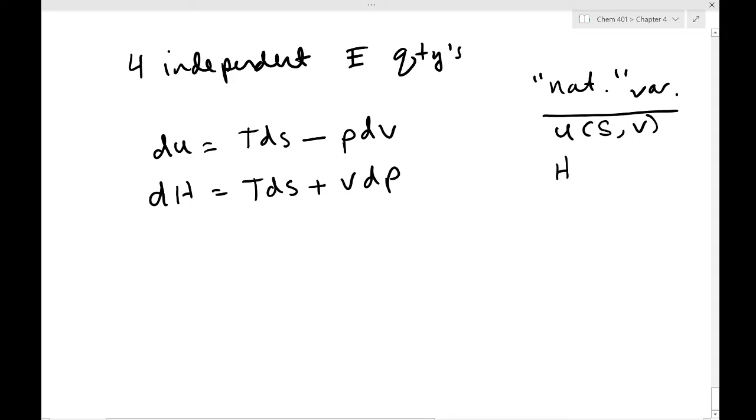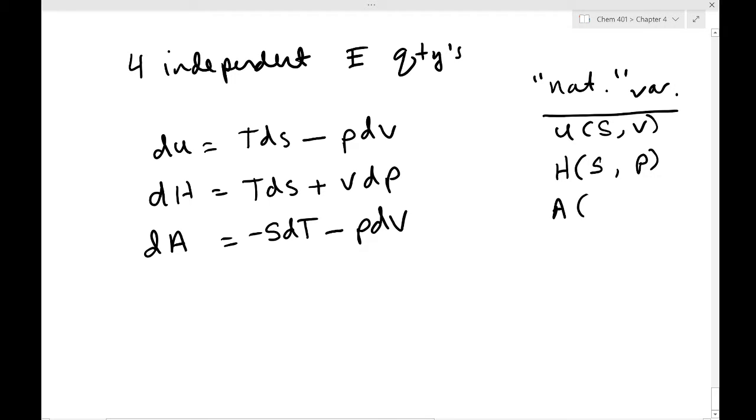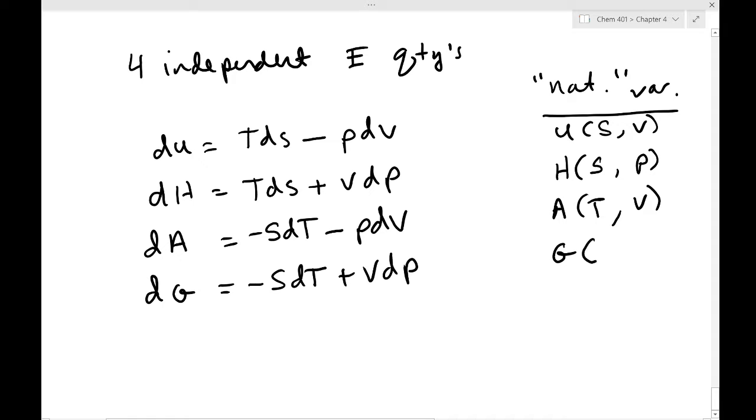In this case, H is a function of the natural variables S and P. dA, one of the two new ones, is given as negative S dT minus P dV with natural variables T and V. And finally, dG is equal to negative S dT plus V dP with natural variables T and P.